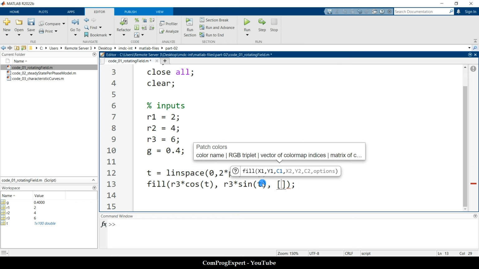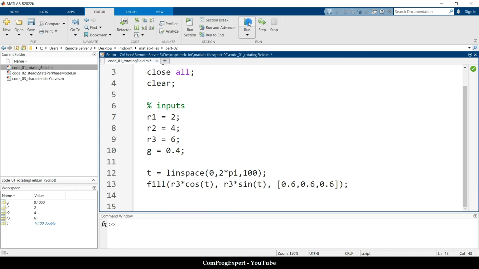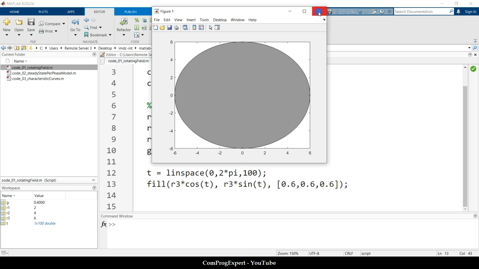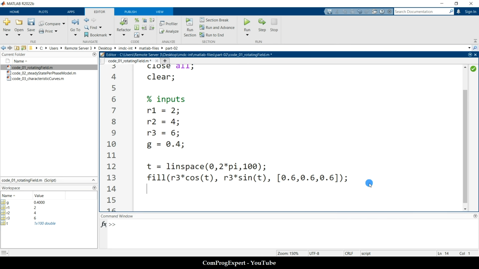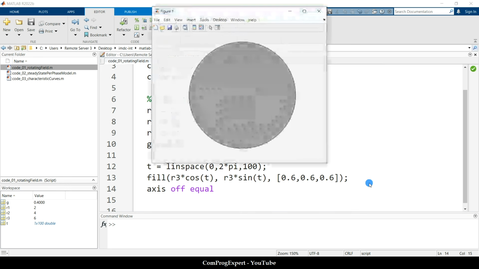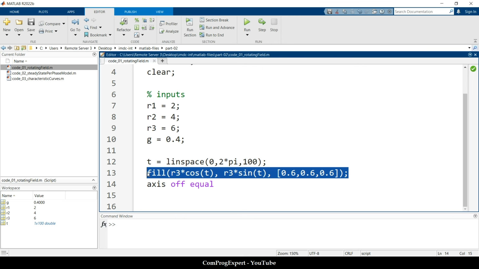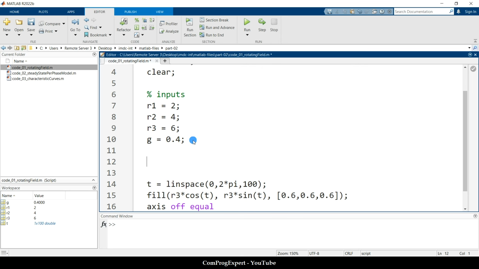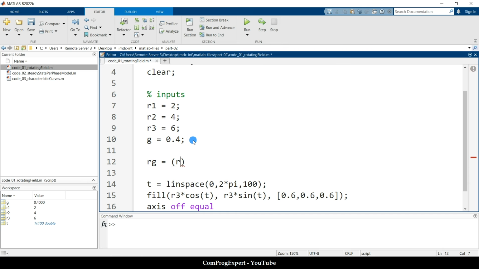You can specify RGB, so 0.6, this color is good for the lamination. So this is the stator, and we can use this command axis equal to visualize it better. Now let's add this one. What is the radius of the air gap? It is R2.